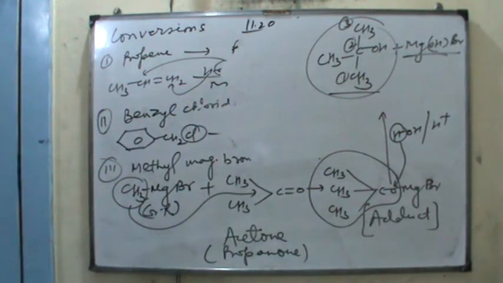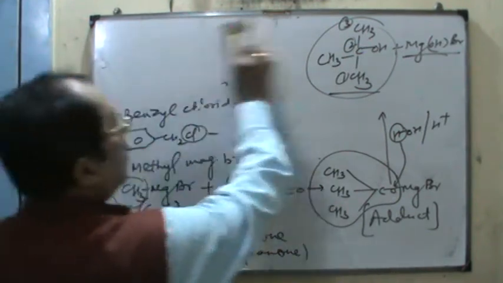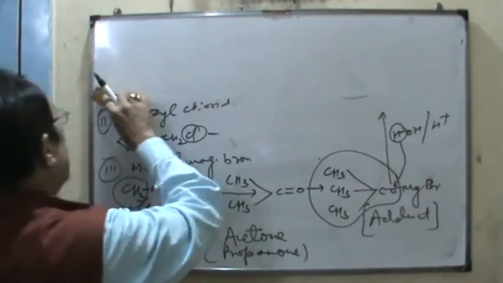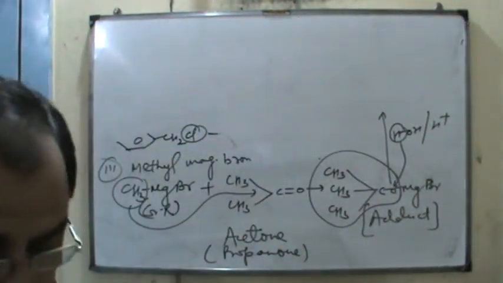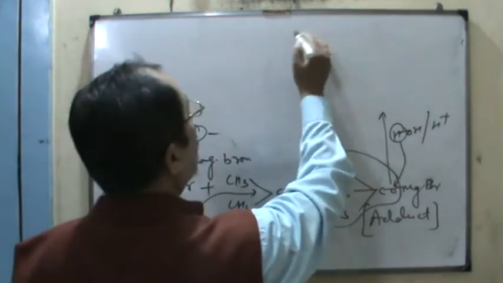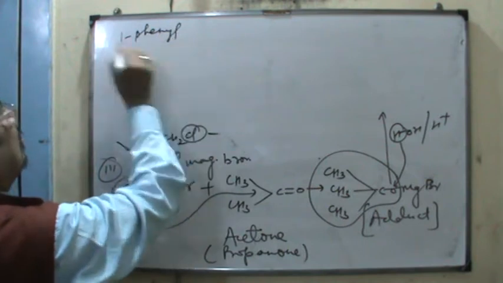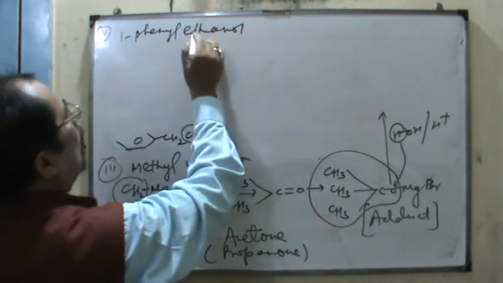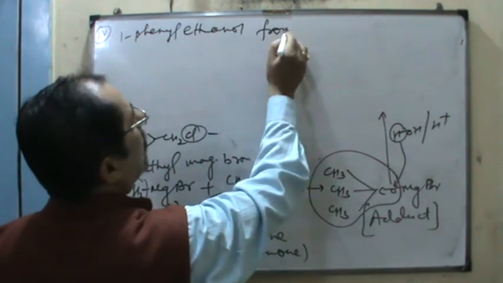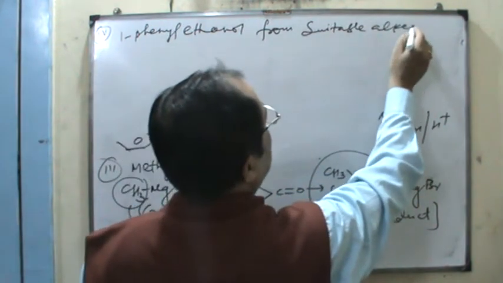Just go through all these questions, and then: 1-phenyl ethanol from a suitable alkene. Another conversion from the same chapter is how you can get 1-phenyl ethanol from a suitable alkene.